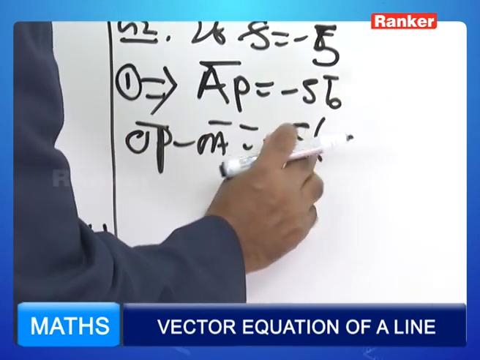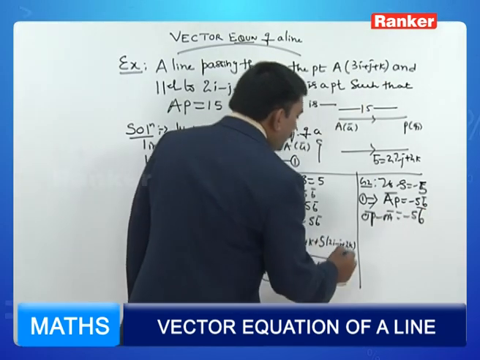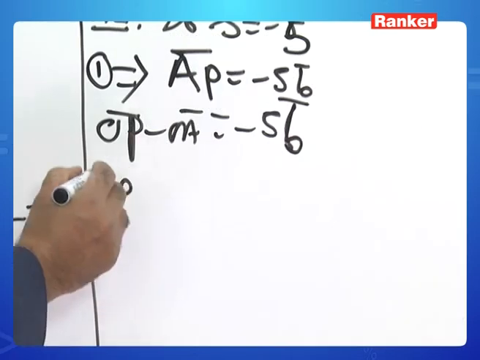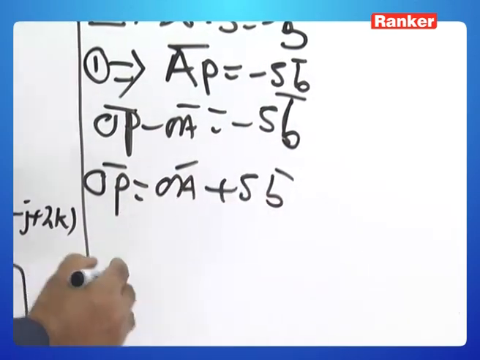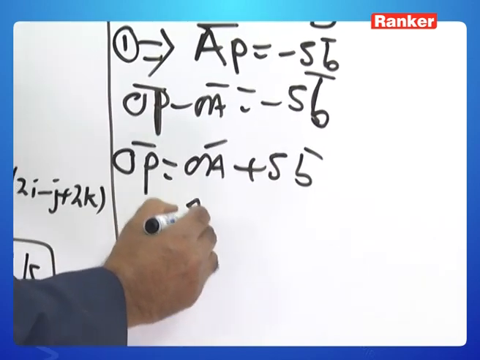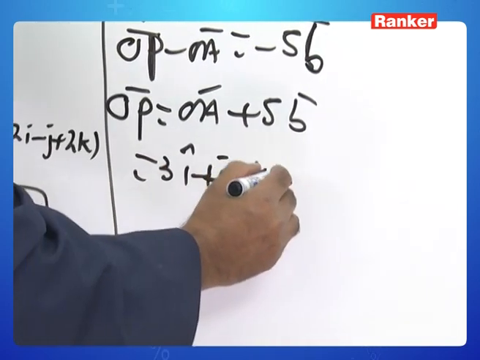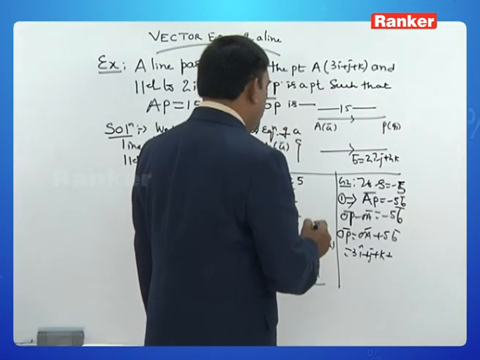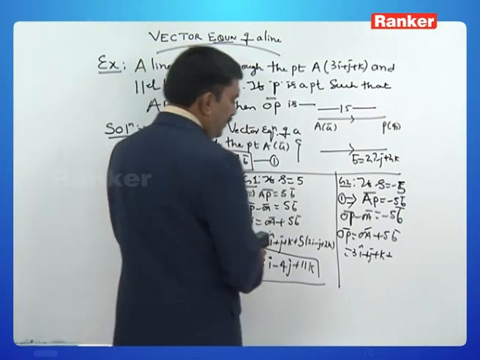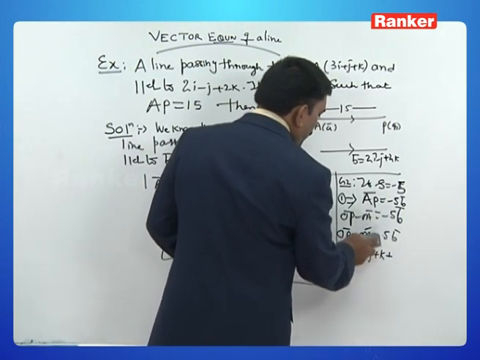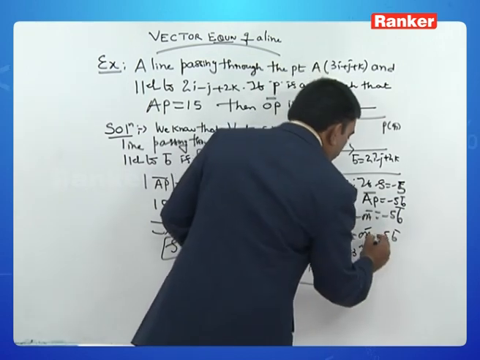Okay, let it be. You can take this one as B bar, right? So therefore, OP is equal to OA bar minus 5B bar. I can write 3i plus j plus k, here instead of plus we have to take minus, this is minus 5b bar.